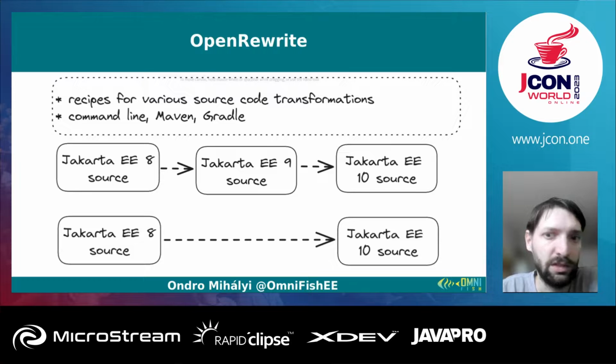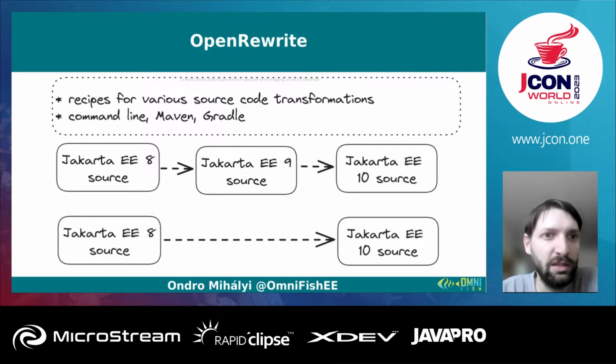But what is useful is that it contains a lot more recipes, not only for Jakarta EE. You can also upgrade your source code to use new Java features if you upgrade to a new Java version, to refactor some old syntactic constructs to newer, more modern constructs with just one single command.